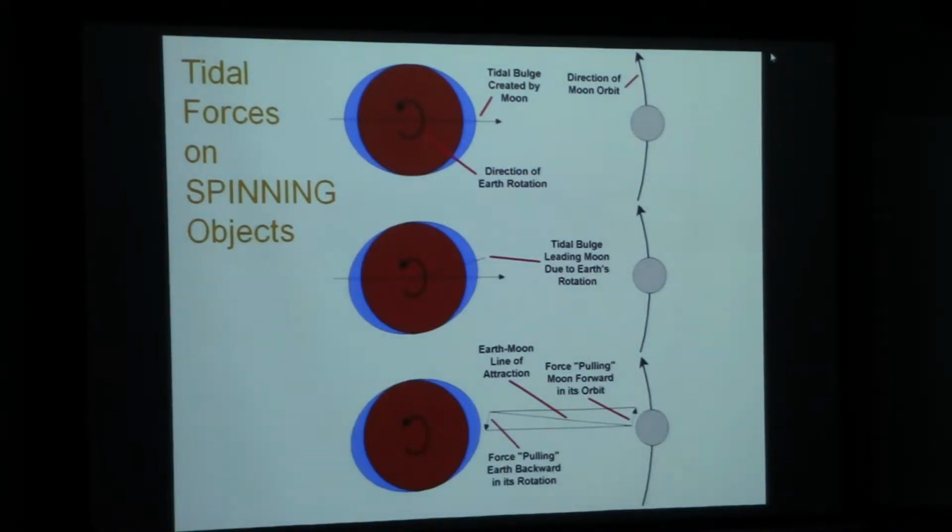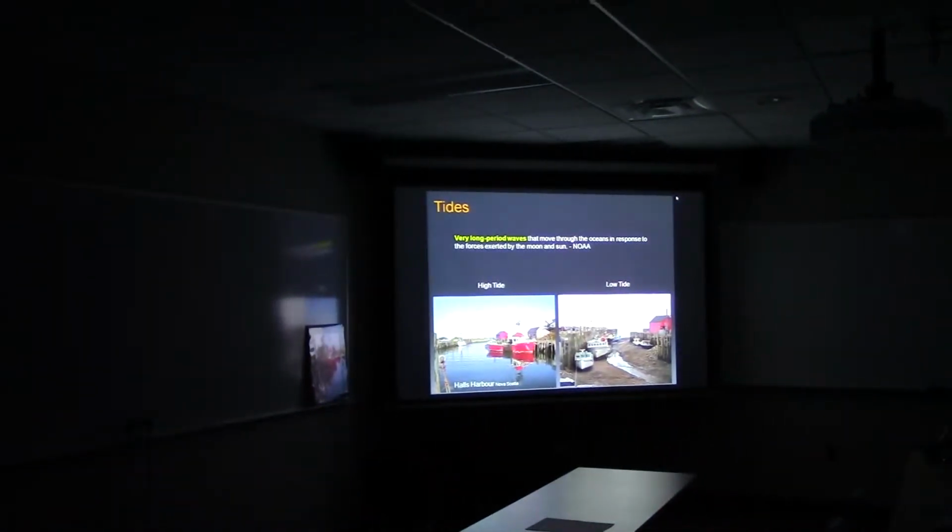The Earth is covered with all this stuff that sloshes around. So you've got this tidal bulge that it pulls toward the moon, but the Earth rotates, so that bulge is a little bit offset. Well, that creates a torque, and this is also happening on the moon. And this causes the familiar tides.